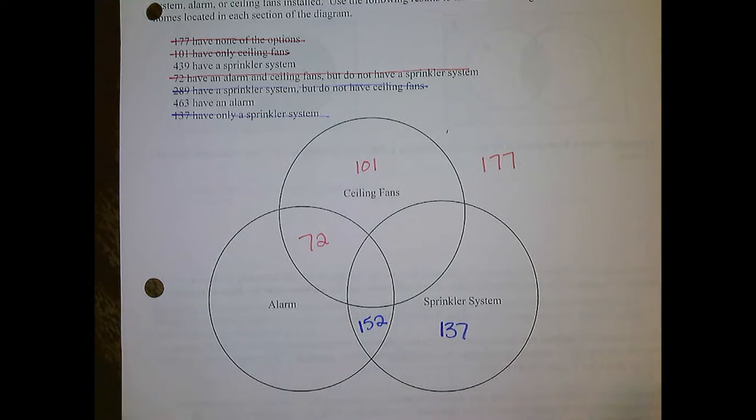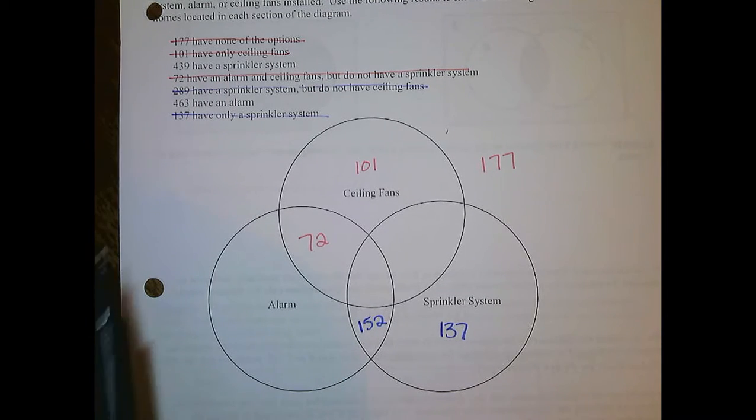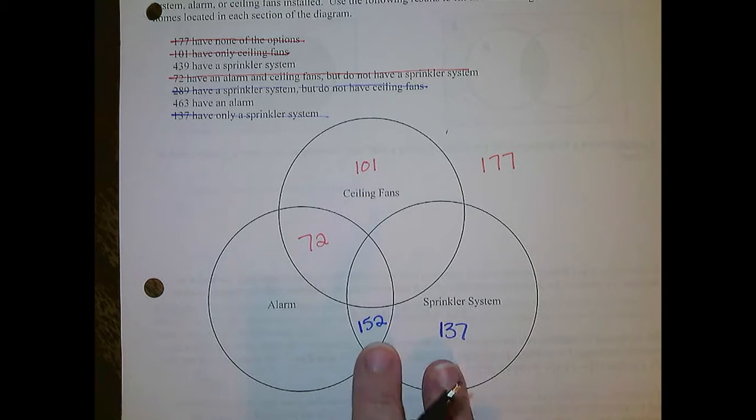Then the next piece of information they tell us is that 439 homes have a sprinkler system. So if 439 homes have a sprinkler system, we've already accounted for some of those with the sprinkler system and alarm but no ceiling fan, and those with just a sprinkler system. So again, I'm going to work backwards.